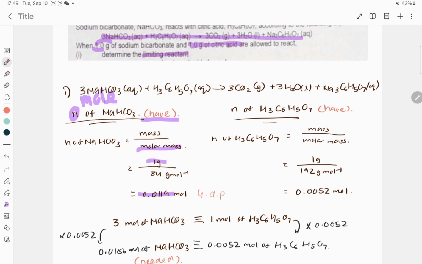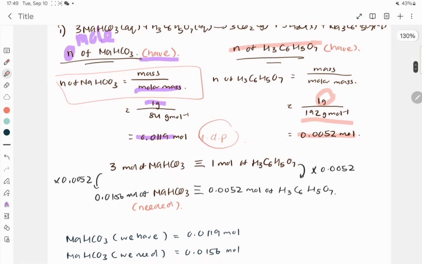If that is not your final answer, remember to write all your formulas before you calculate. Then for the number of moles of this one, use the same formula: 1 gram divided by its molar mass, and you will get the answer. And remember, it is 4 d.p.